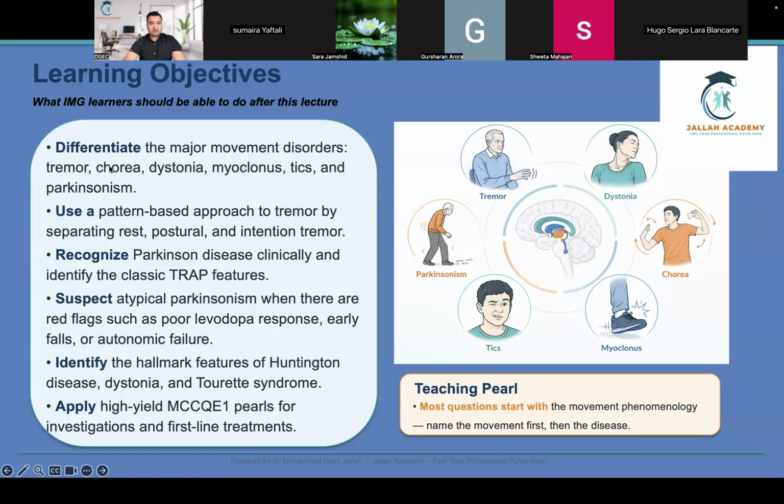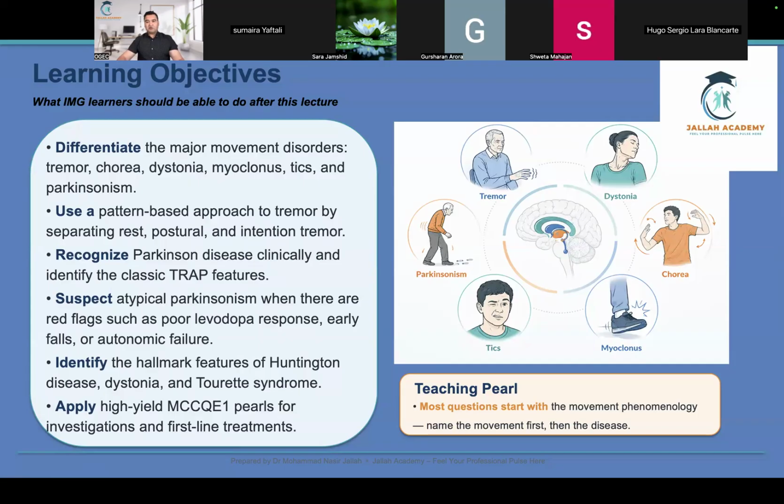Learning objectives: differentiation, use, recognition, suspect, identify, and apply. Basically, we have to be able to differentiate between different abnormal movements that are going to be tested or asked in the licensing exam.